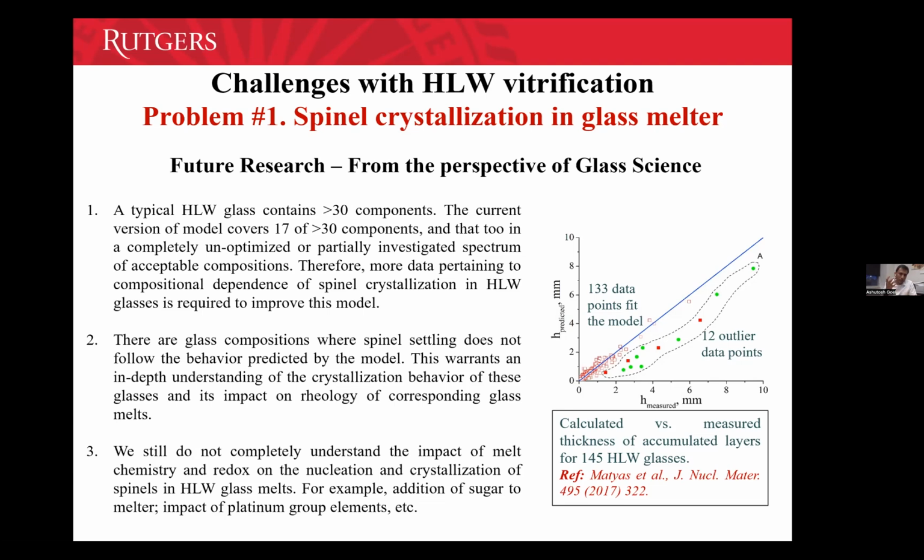We try to understand them from the very fundamental science perspective. What is it in the composition and in the atomic structure of these glasses that is leading to the formation of spinels in the melter? And if we can understand the drivers that are driving the formation of spinels, we can tune those drivers so that the spinel formation is suppressed, right?